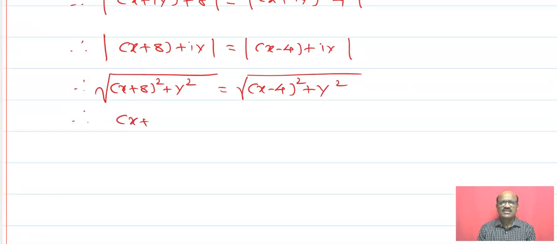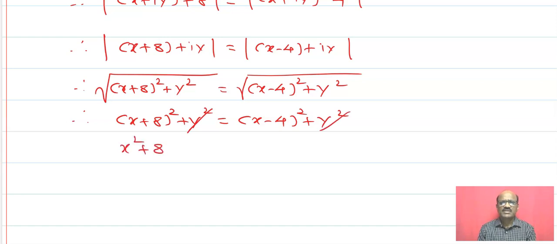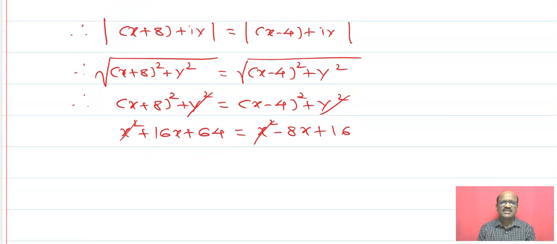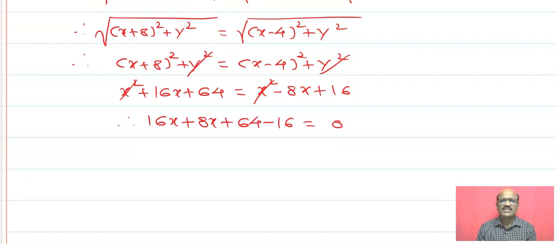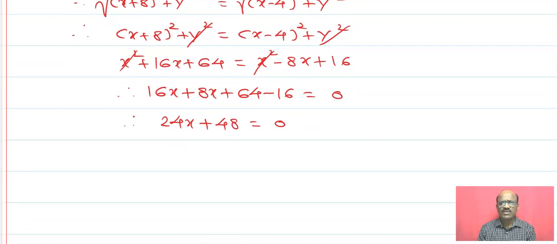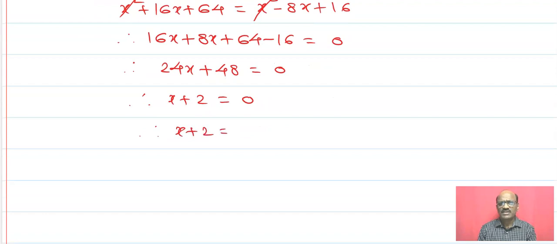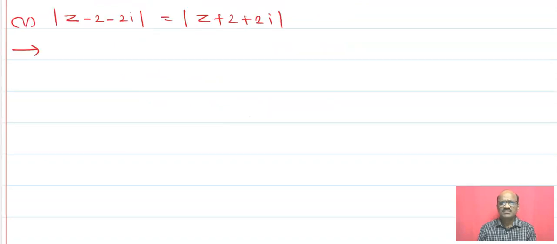Squaring on both sides, y square gets cancelled, and simplify: x square plus 16x plus 64 and x square minus 8x plus 16, x square gets cancelled. Simplify this, that is 16x plus 8x, 64 minus 16 is equal to 0, that is 24x plus 48 equals 0. Again it is a very simple equation, divide on both sides by 24, you get x plus 2 is equal to 0.